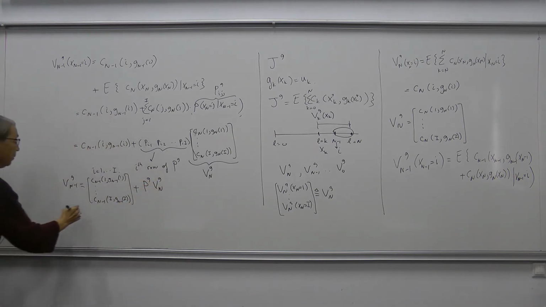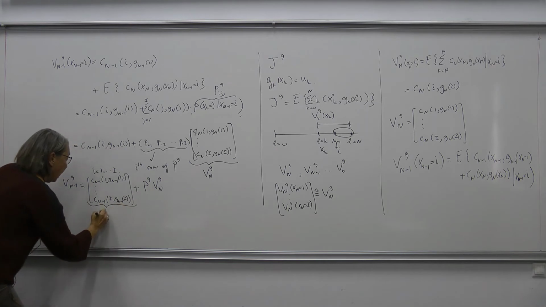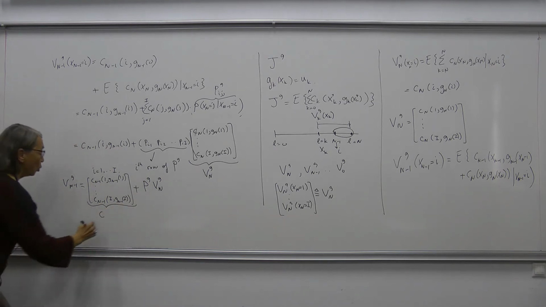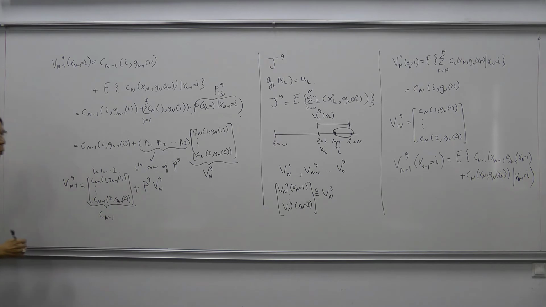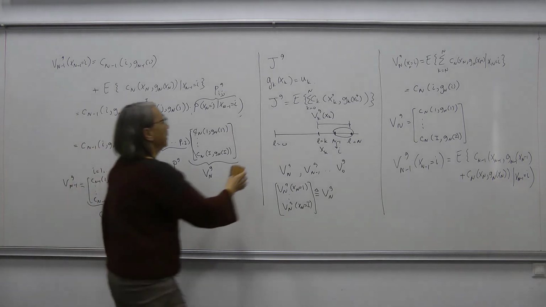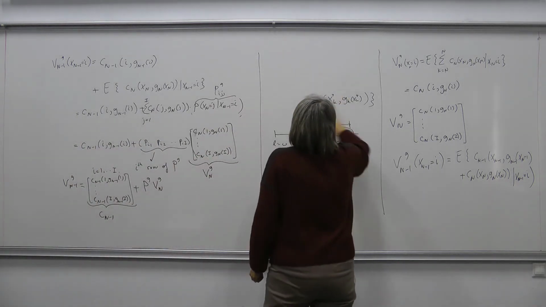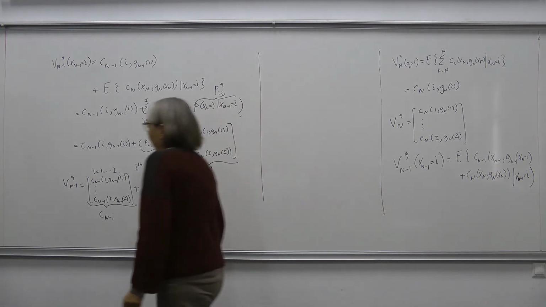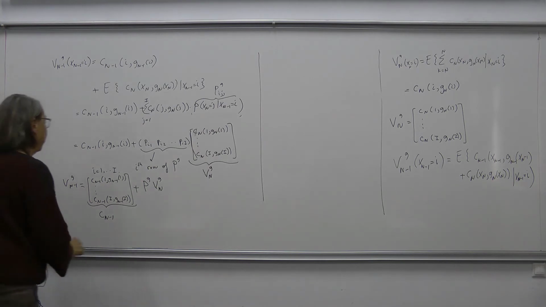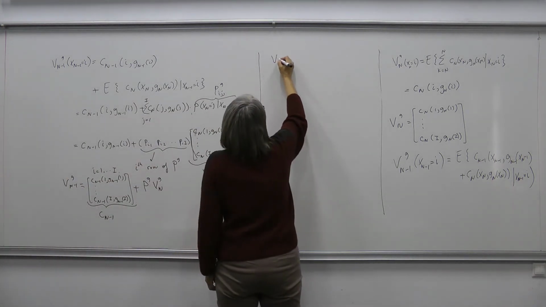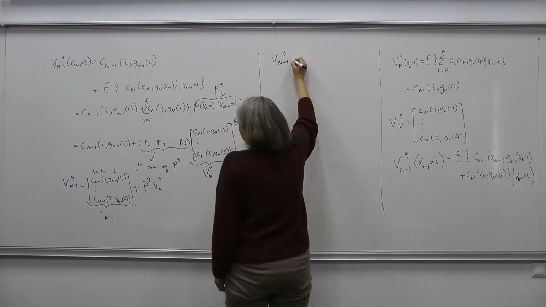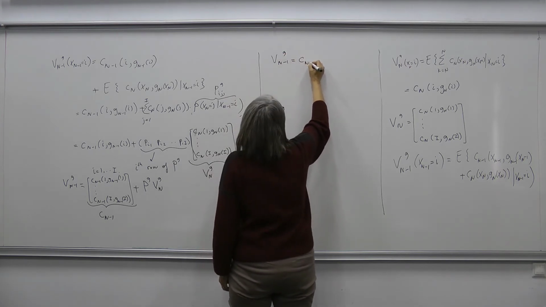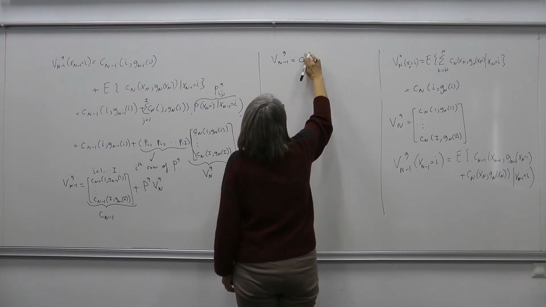And actually, previously we have defined that one as our incremental cost vector at time n-1. This is again a vector of size I. And then at the end, we end up with a single formula: V sub n-1 of g is equal to C sub n-1 of g, of course, that is okay.